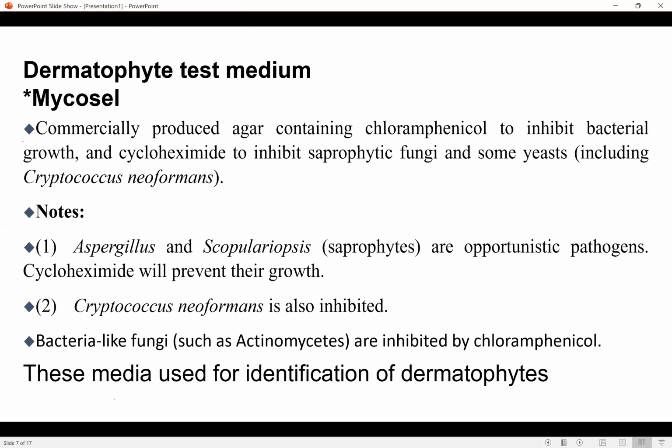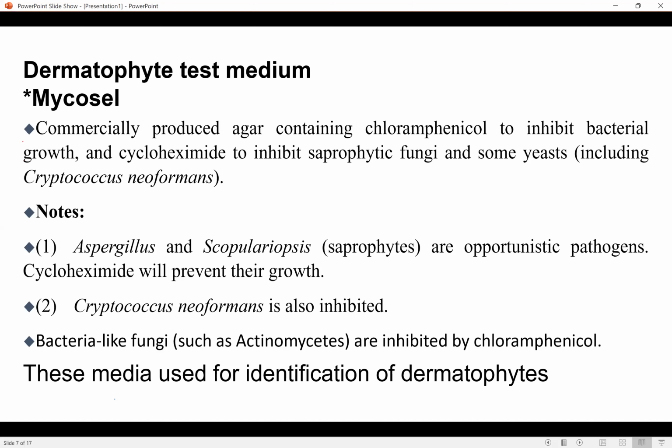Fungi from the skin means that it is exposed to so many other contaminants, bacteria most especially, and other fungi that are not pathogenic. So we want to identify a pathogen implicated in the decay of the skin or the current lesion that we're observing on the skin.